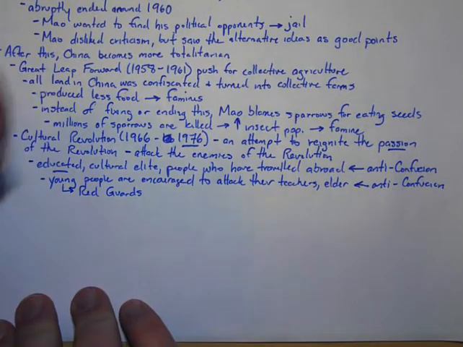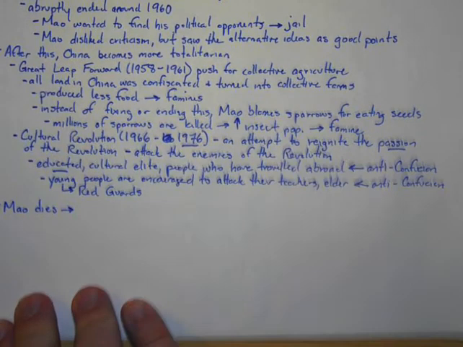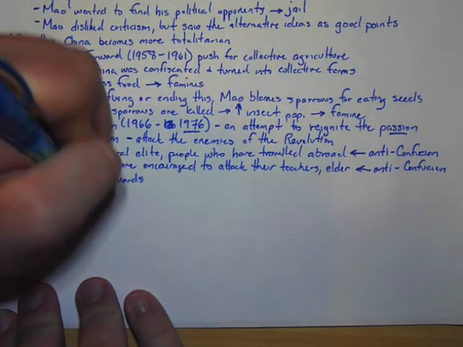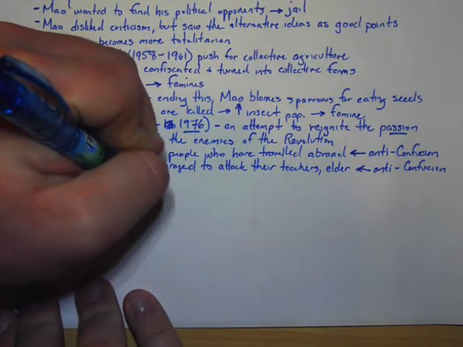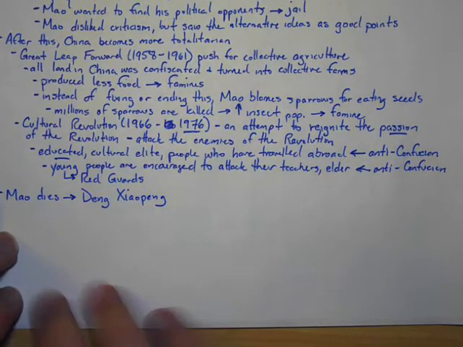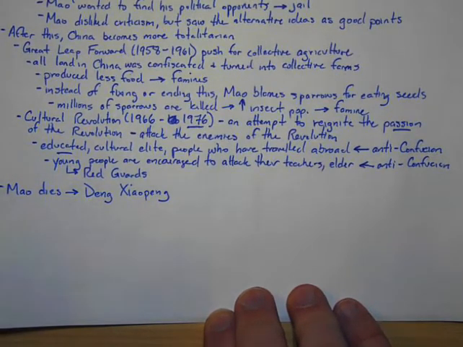So when Mao dies, his successor is a man named Deng Xiaoping. Now, Deng Xiaoping is the person probably most responsible for what we now understand China to look like.